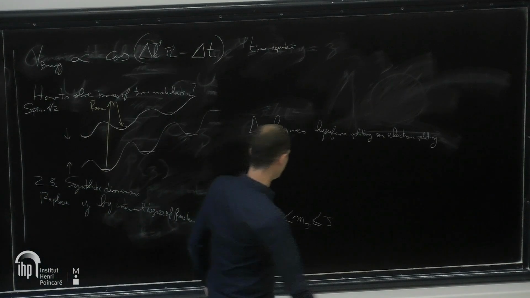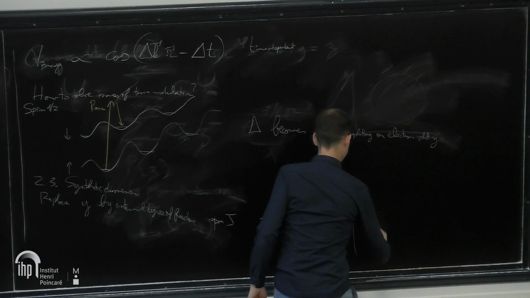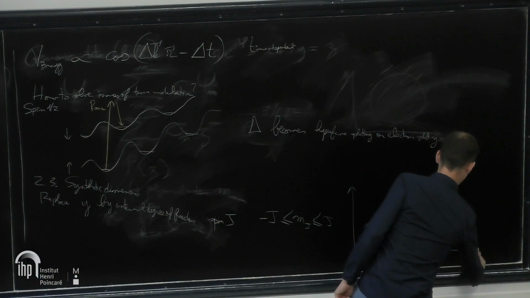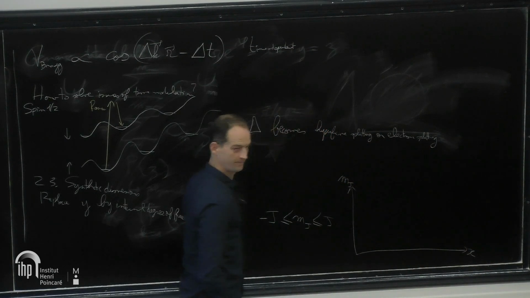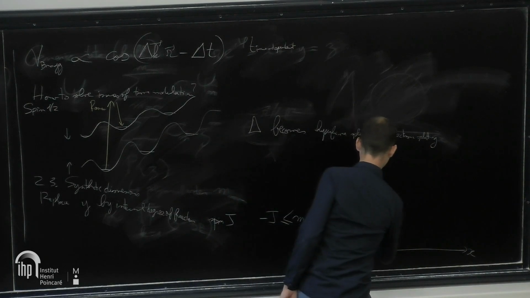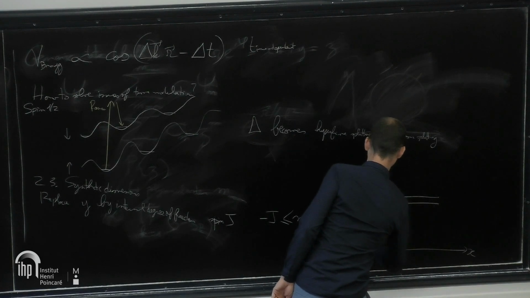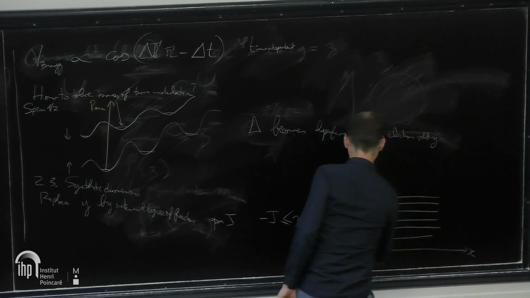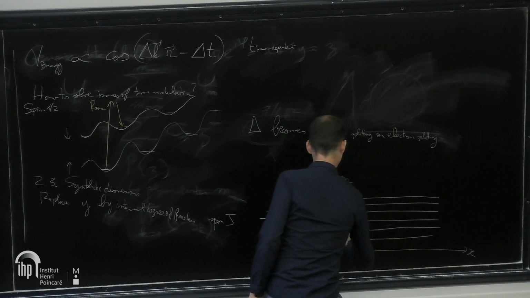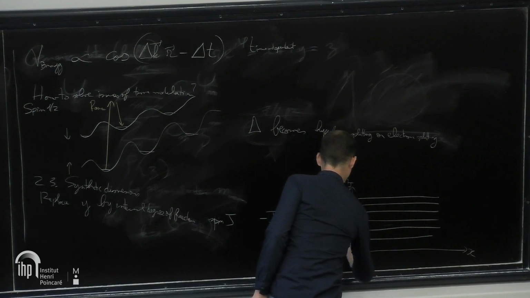And so the system becomes an x-mj plane where we have a series of wires like this, that correspond to the discrete values of mj between plus j and minus j.